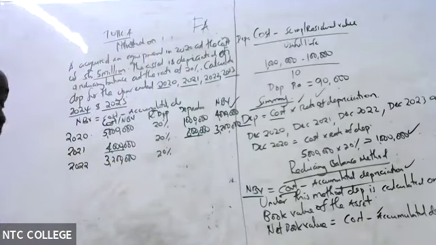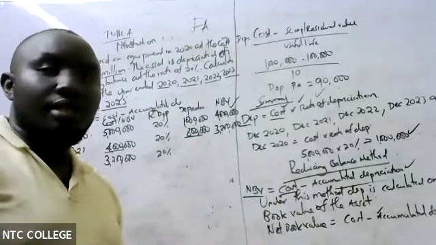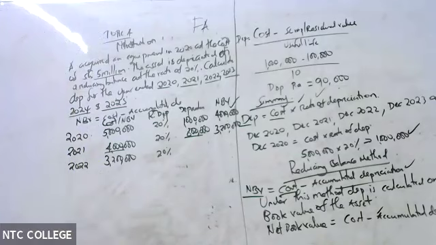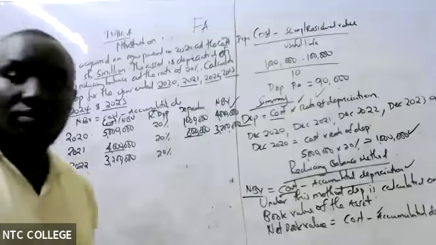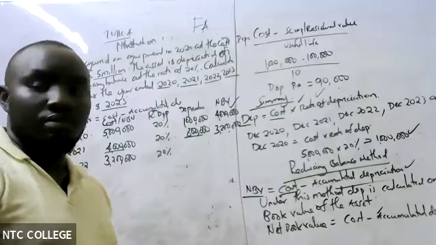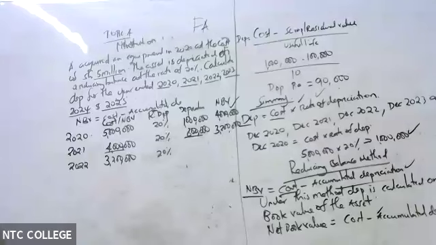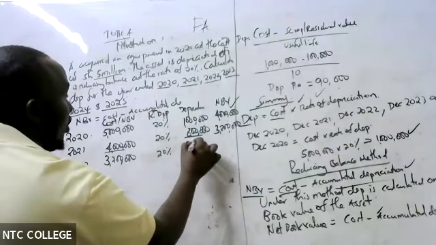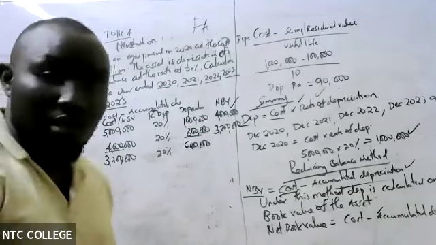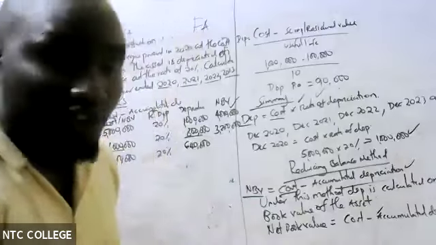I should not be the one doing it. You should also be having your calculators. So what is 20% of 3.2? The value should be 640,000. Are we in agreement that is 640?